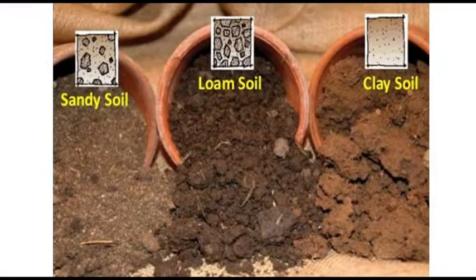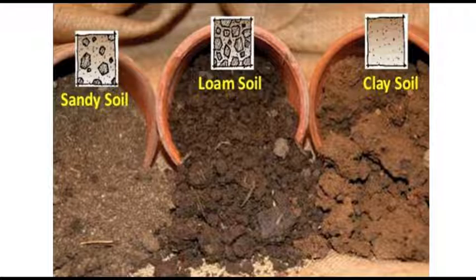Today we are dealing with the classification of soil. This classification is based on the relative proportion of particle size. There are three types of soil based on its particle size: sandy, loamy, clayey.